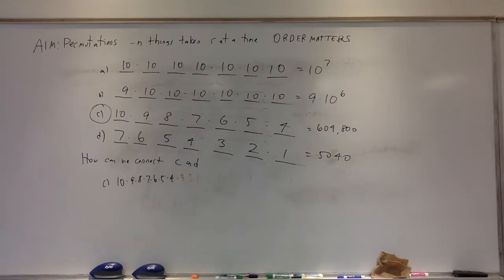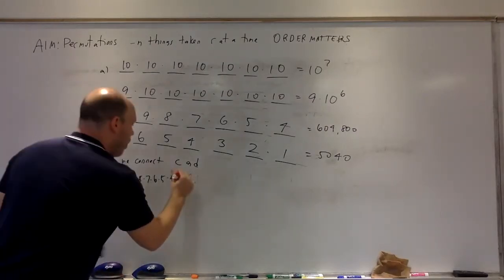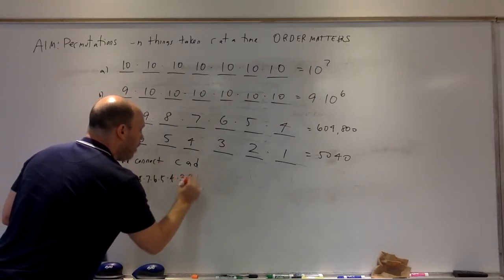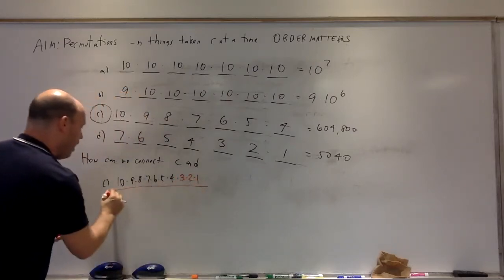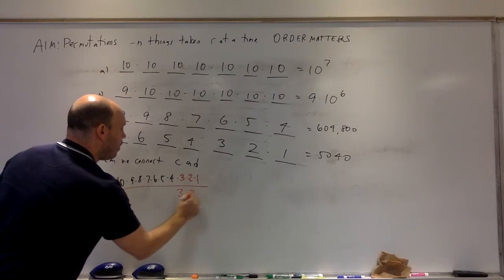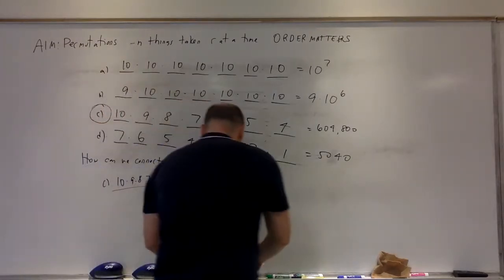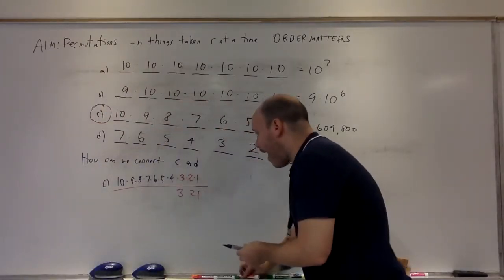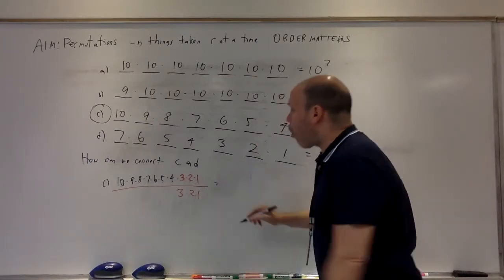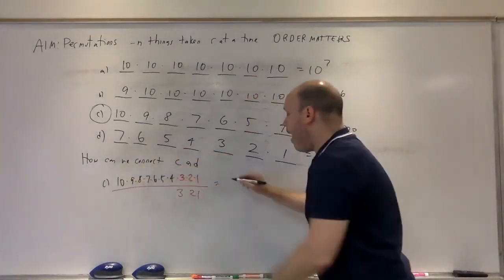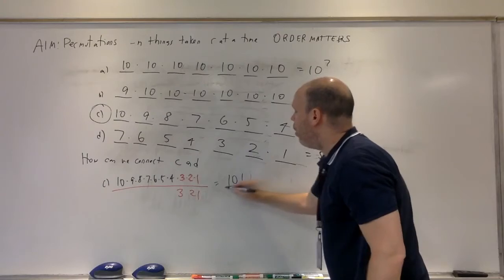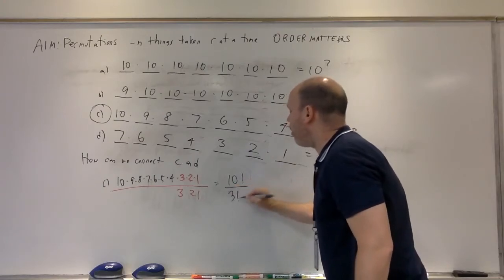Here we go. It looks like 3, 2, 1 got chopped off. Well, we know from math that it can get chopped off by division. And so we could write our original 10 down to 4 as 10 factorial over 3 factorial.